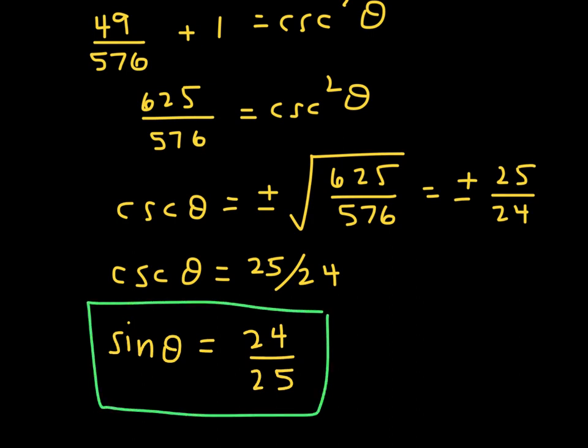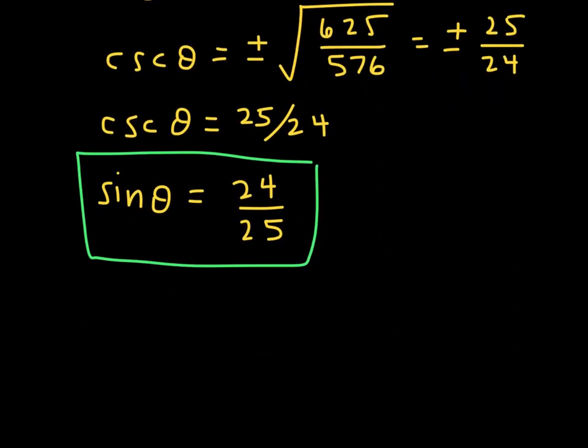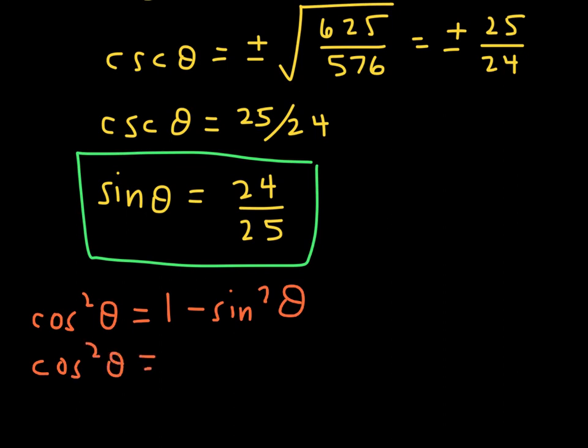All right, the last thing they want us to find is cosine of theta. So let's find cosine of theta. Remember the Pythagorean identity that you and I wrote down a little while ago, and it says cosine squared of theta is equal to 1 minus sine squared of theta. And we now know what sine of theta is. So then this is 1 minus 24 over 25.